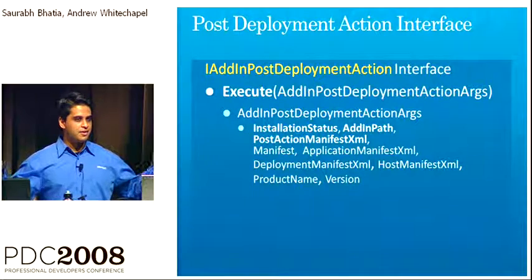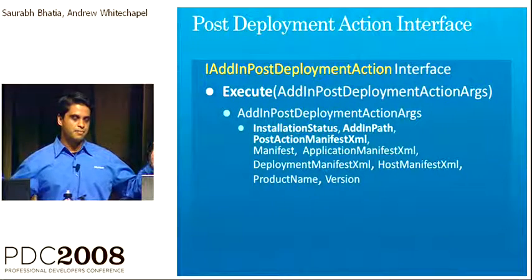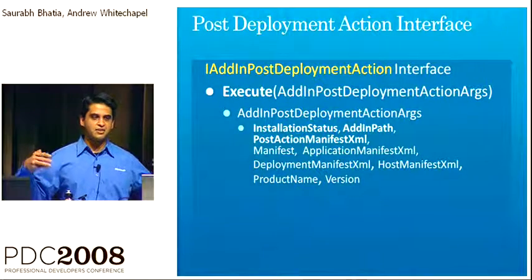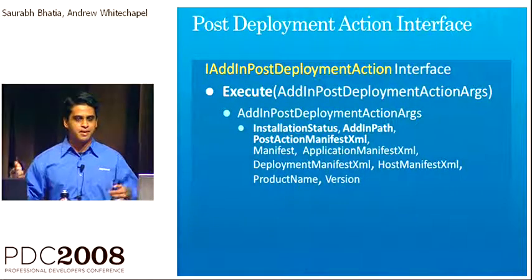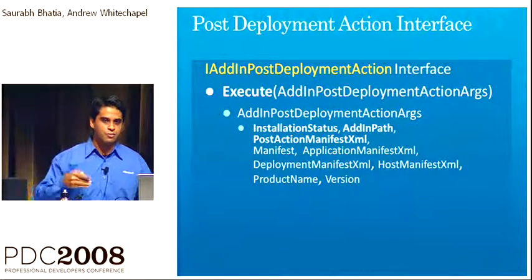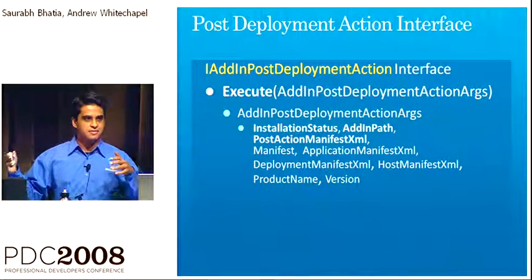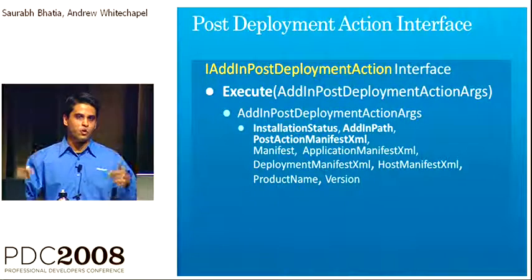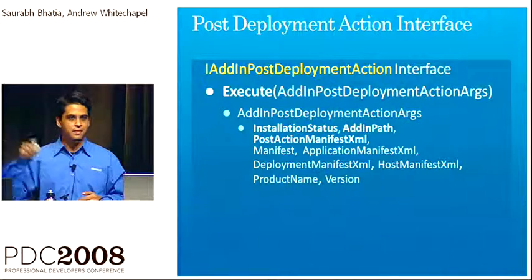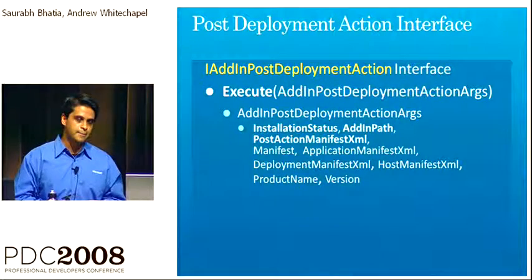So some of the interesting highlights for these properties are the installation status. The installation status is going to tell you whether you are being called as part of an install or part of an update or, say, part of an uninstall or a rollback. So by looking at this value, you can figure out what you want to do based on the step in the ClickOnce process you are in.